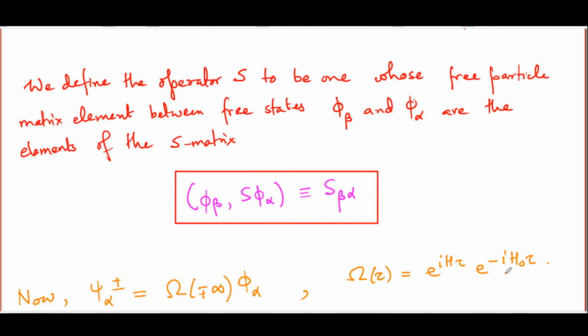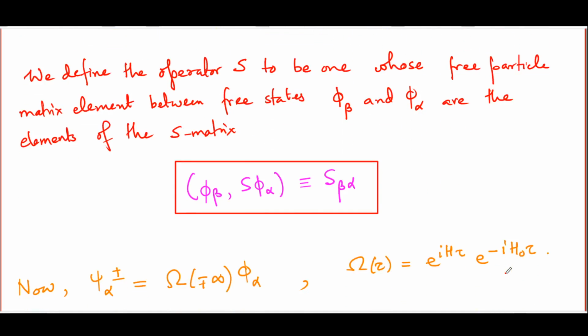Let me remind you that the in and out states with a given particle content, psi plus minus alpha, can be obtained by applying omega minus infinity or omega plus infinity, respectively, on the free particle state phi alpha, same particle content, but this time evolving freely.